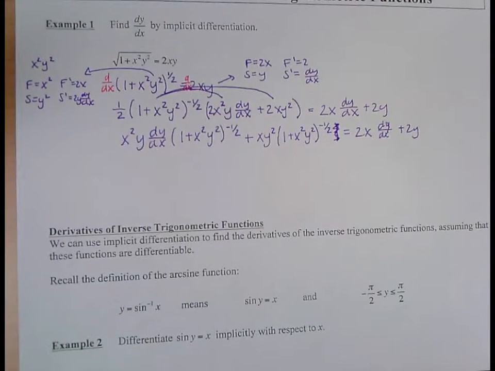From here, solve for dy/dx. Yes, or you can write it as y prime, if you'd rather write y prime. So those of you that had your hand up, did that answer your question?